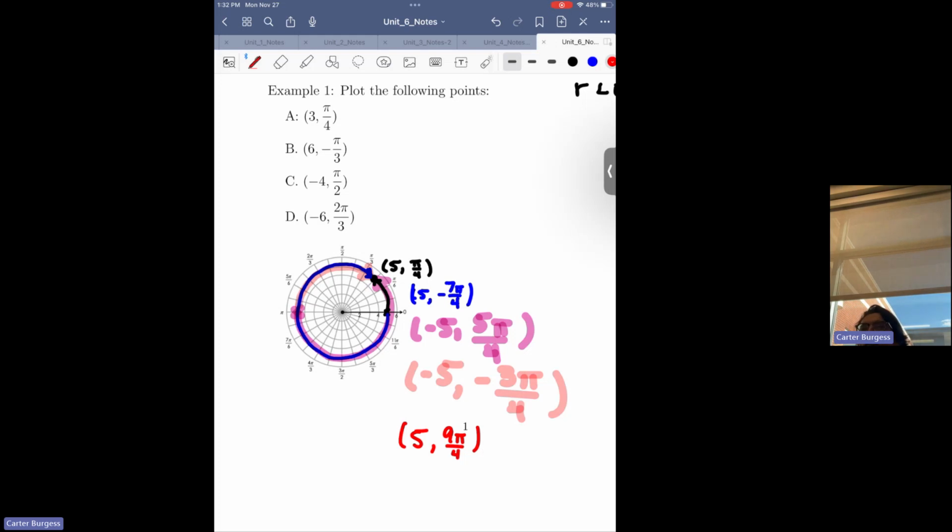Questions here with our basic setup with our polar coordinate system? Yeah, but it's more demonstrative than anything. More just highlighting the idea that there are other ways that we can arrive at the same point.